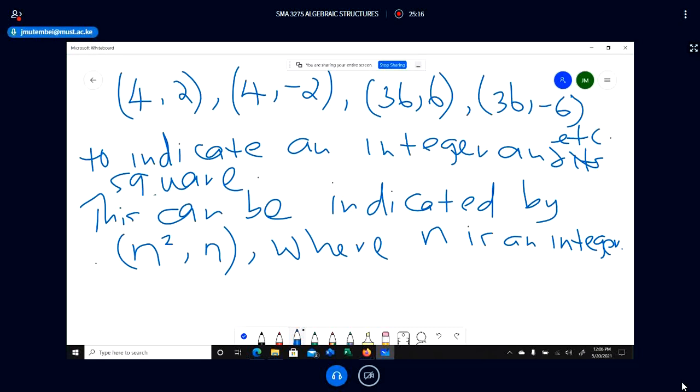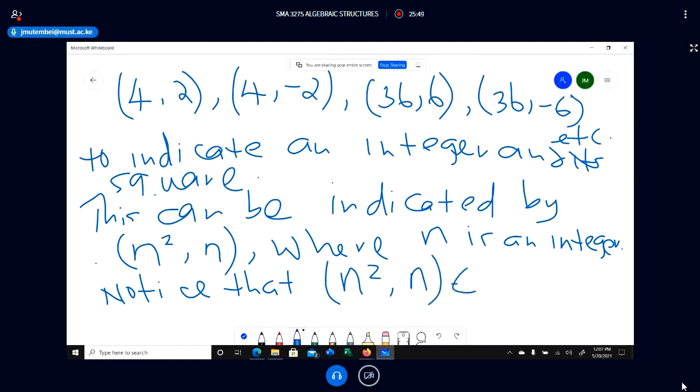And we note that since the squares of integers are also integers, then we find that those ordered pairs belong to the set which is the Cartesian product of Z cross Z. So notice that this pair, n squared, n, belongs to Z cross Z, the Cartesian product of the set of integers by itself, whereby the square of n is also another element of Z, and n is an integer.